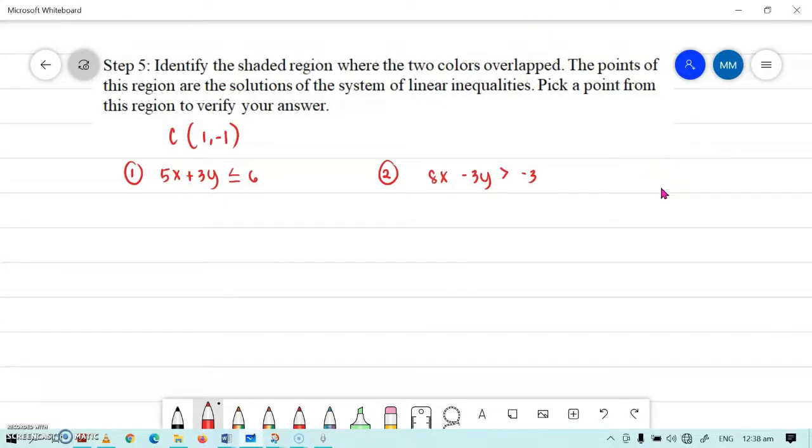Substitute. For the first inequality, 5x plus 3y is less than or equal to 6.